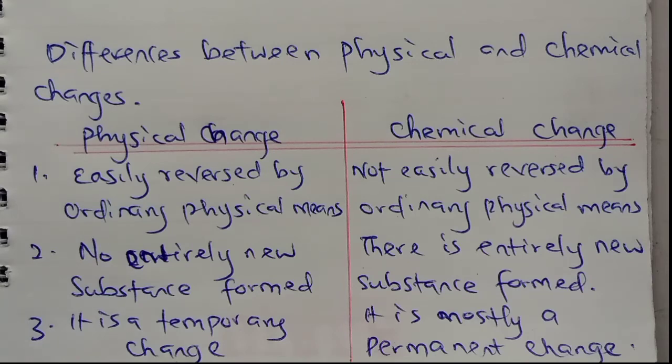What we mean by permanent change here is not that we cannot reverse it, but that this change will remain like that if we allow it to. Like rusting of iron. When iron rusts, it remains like that, and it might not come back on its own, except we want to restore it back to what we want it to be.